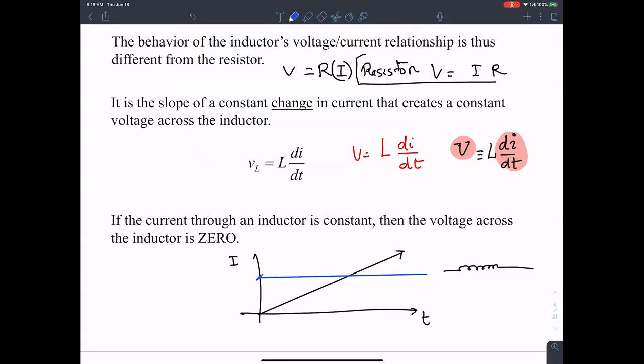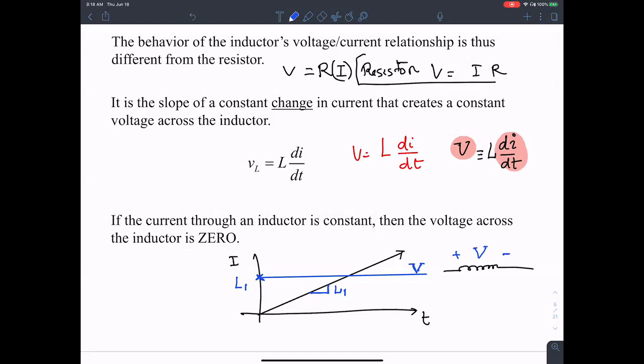And this constant value represents the slope of this guy. If the slope comes out to be, I don't know, L1, that value sets the voltage across. So this is the voltage across the inductance.